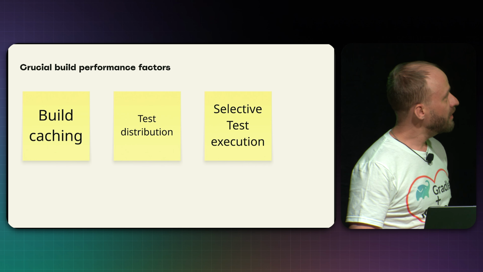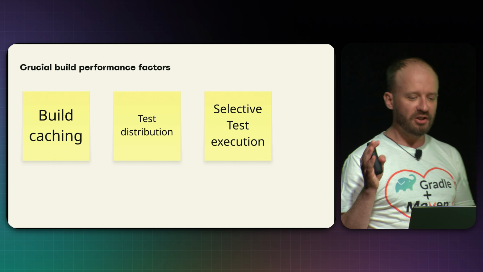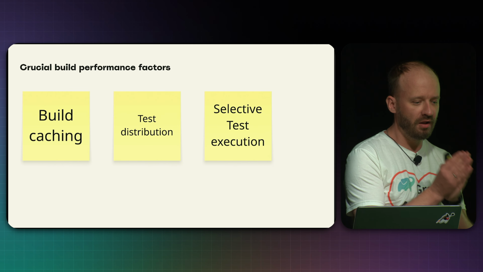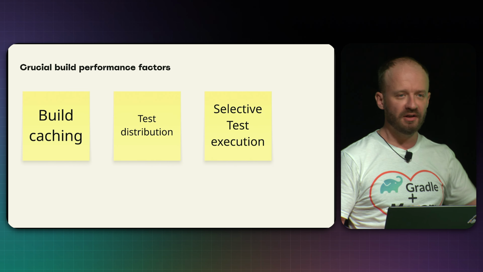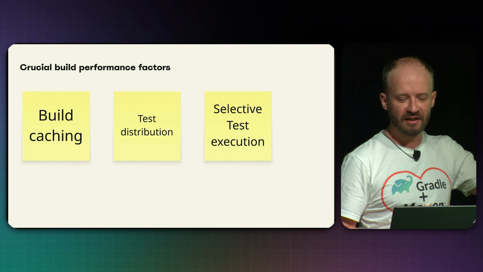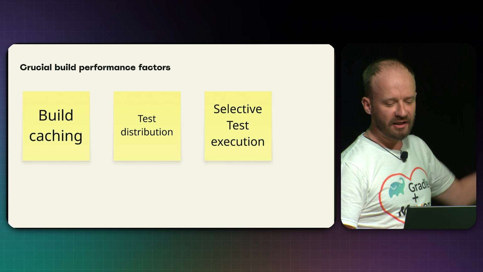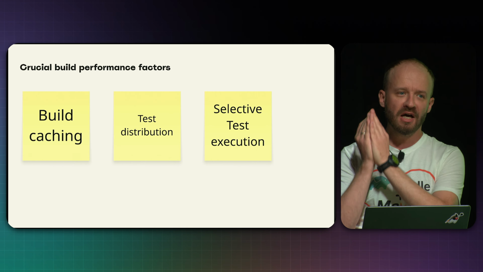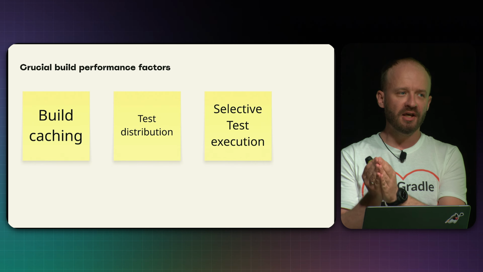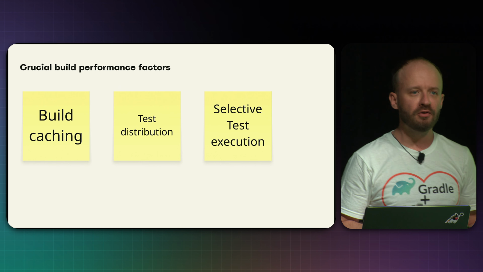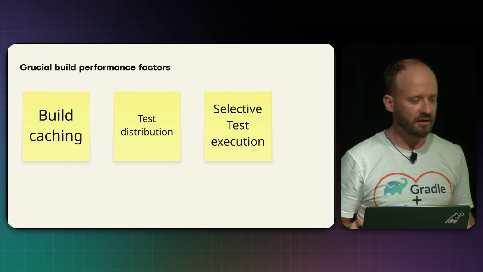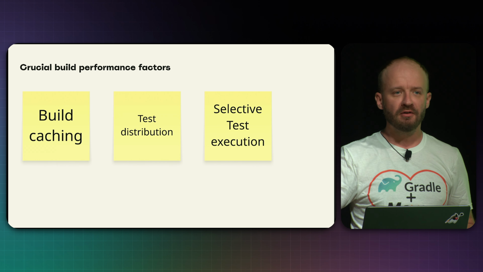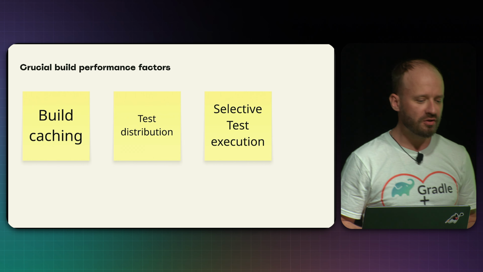Also, if we're talking about building large projects, there are crucial performance factors: build caching, test distribution, and selective test execution. But again, you need to optimize the average and the worst case, when you need to run all your tests or build cache entries are not available for your change.